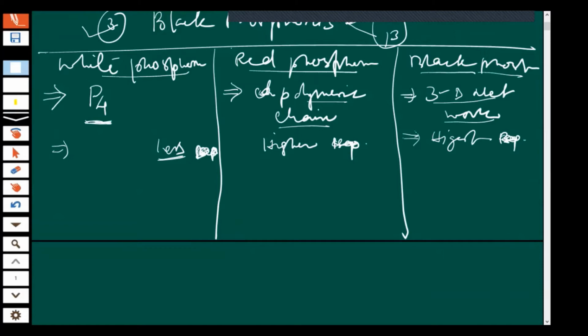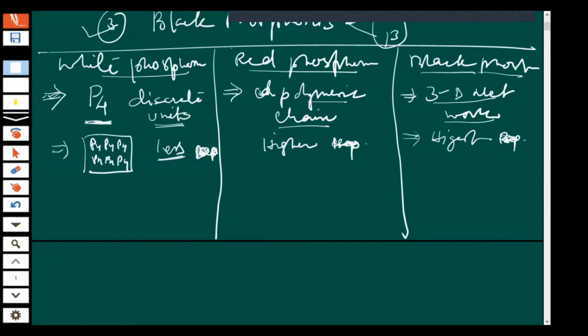Okay, so we can say that white phosphorus exists in discrete units, that is P4. P4 is the unit of that solid material of white phosphorus. So P4, P4, P4, P4.